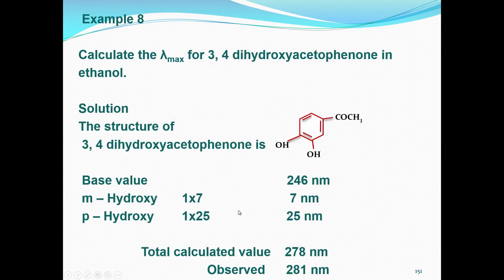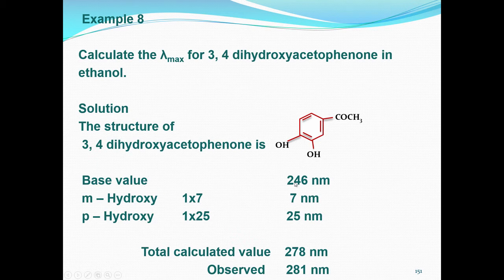Now, another example, this is 3,4-dihydroxy acetophenone, again a similar structure to what we had drawn, but it is in ethanol. So, the structure is this benzene ring with a COCH3 group, and 3,4-dihydroxy with respect to this COCH3: 1, 2, 3, this is 3 and this is 4. So, there are 2 hydroxyl groups on this structure.